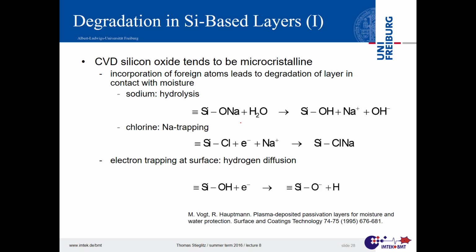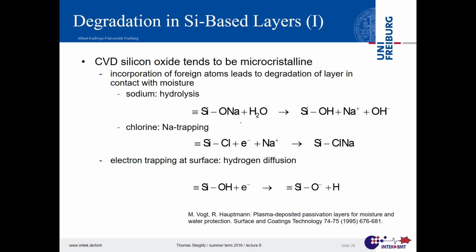It was a little bit like that, but in general that works under the boundary conditions that we have not stoichiometric material, really crystalline, but that we have some residues from the process technology in there.